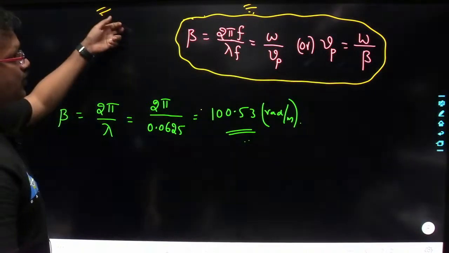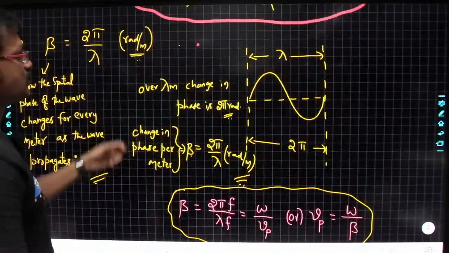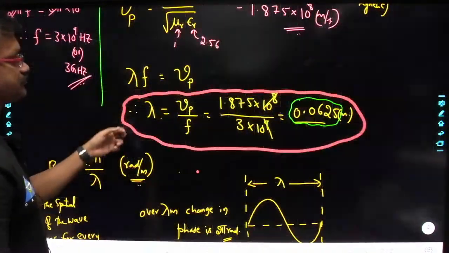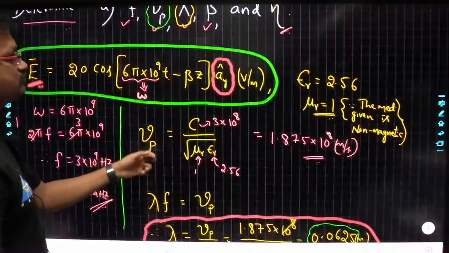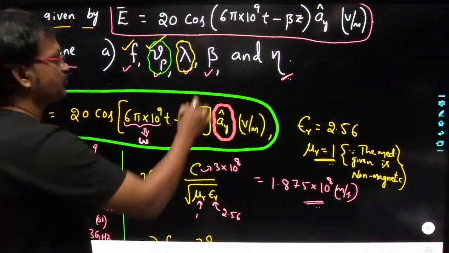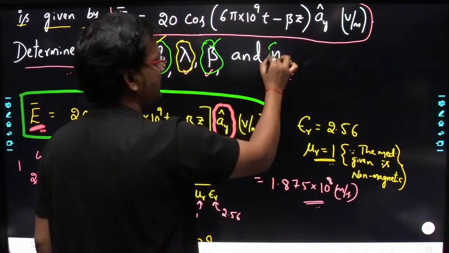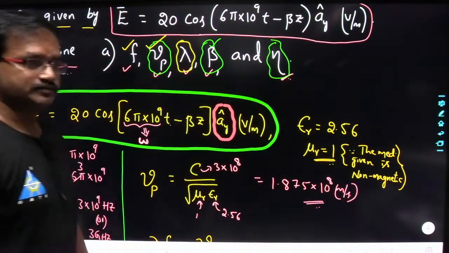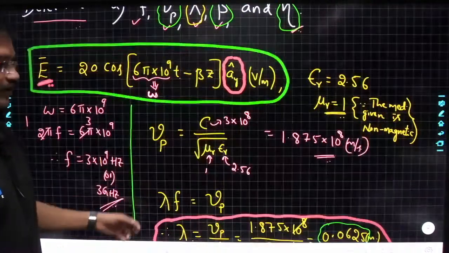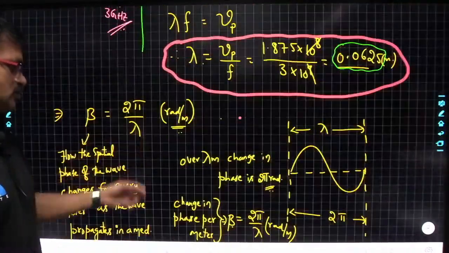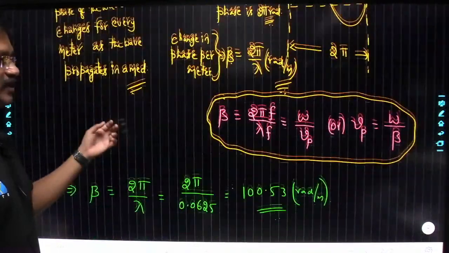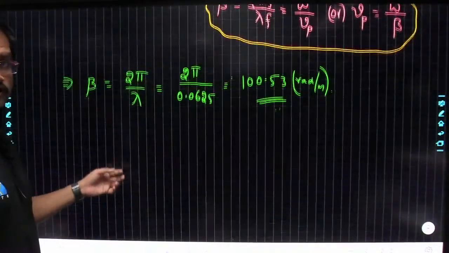Next, what are they asking here? Beta we have determined. Next they are asking for the intrinsic impedance of the medium, that is eta. What is the expression for intrinsic impedance for a lossless medium?